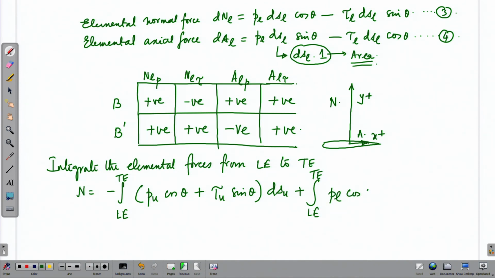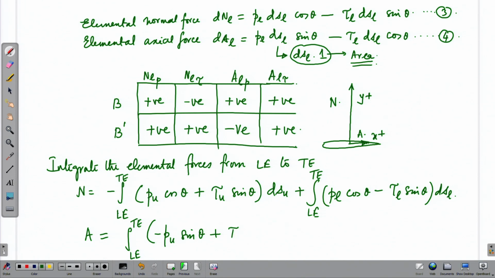If you know the geometry of the body, then point to point you have information about the theta, and you also know the location of the points as a function of the running coordinates S u and S L. And remember that these forces are essentially per unit span, that is for a two dimensional body.